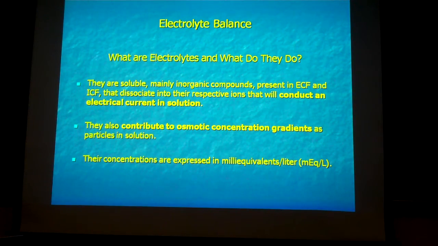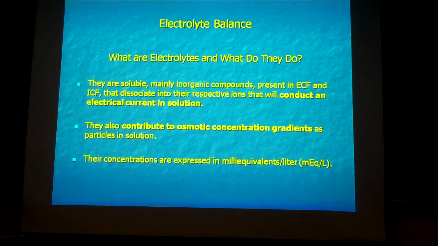Well, you're going to see that electrolytes are basically various minerals with a charge. They are soluble compounds, mainly inorganic, present in both extracellular and intracellular fluid, that in solution will dissociate into their respective ions.